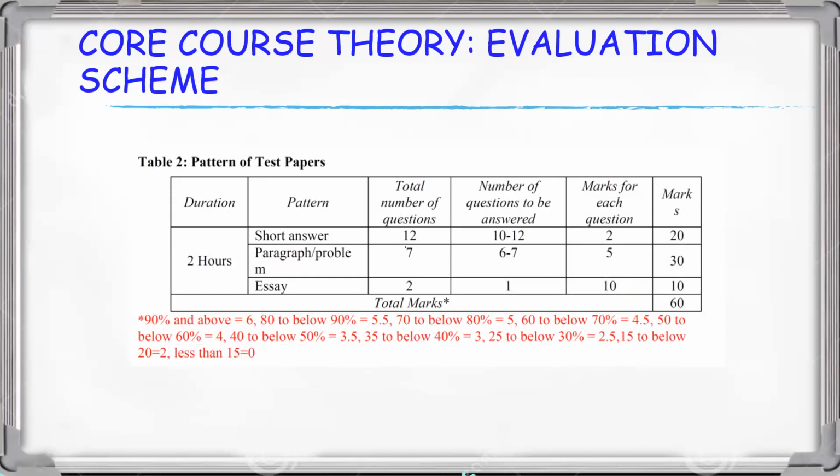Here the difference in the valuation of the answer script is, for the first section, each question has 2 marks. There must be 12 questions, and so there is a total of 24 marks.